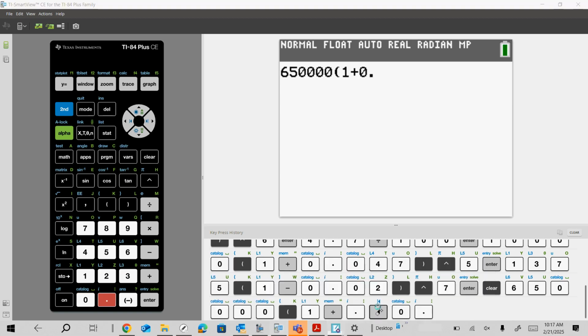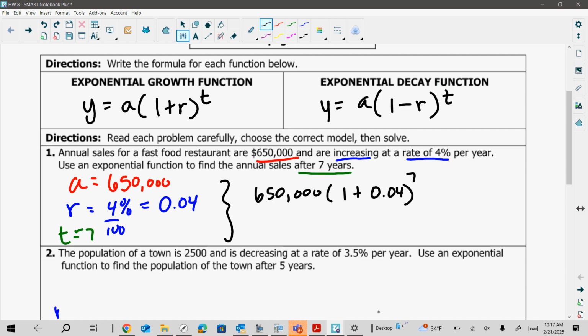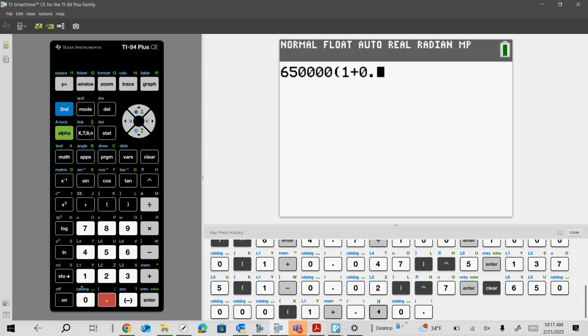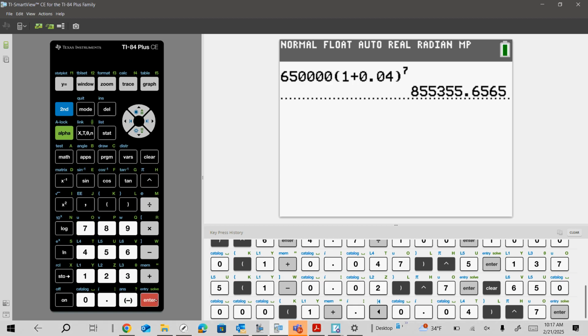I forgot. 4%, okay. 0.04, close the parentheses, raise it to a power of 7. So we get 855,355 and 66 cents. Okay. So make sure we're rounding correctly when dealing with money, versus if it's talking about population or a certain species, that's a whole number.